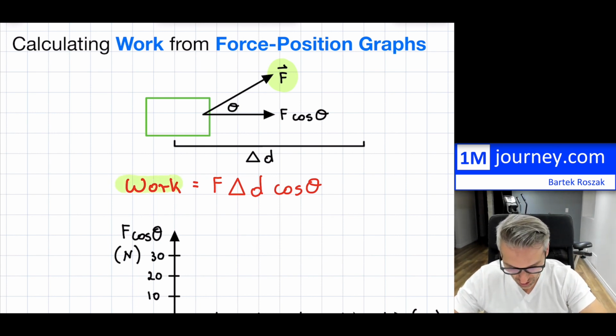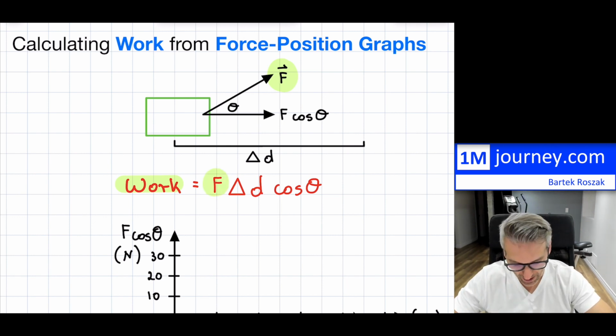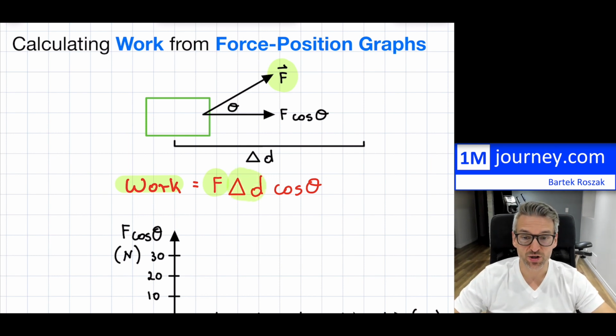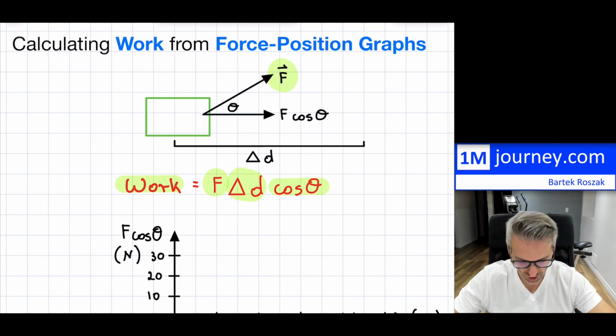So this equation makes a key assumption that this force is basically constant over the displacement that is carried out. Now, when it is constant, it's not very difficult to calculate this. Of course, this is also dependent on cos theta, the angle that you have.